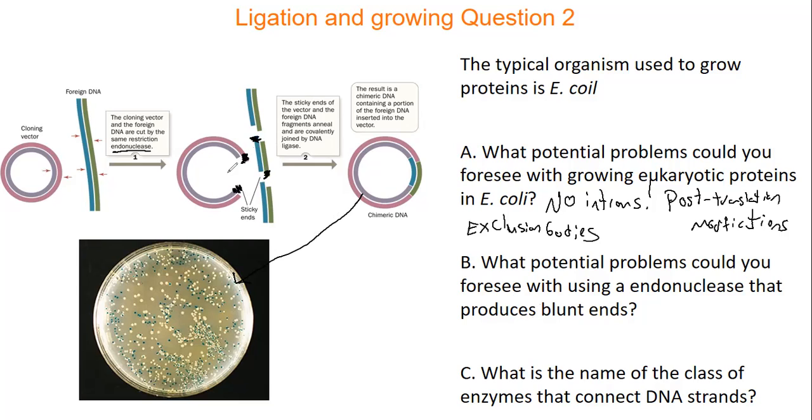If you don't have any overhang, there's really no reason for this piece of DNA to go in this vector. So you will have low levels of insertion of your foreign DNA, and your DNA could be inserted the opposite way.